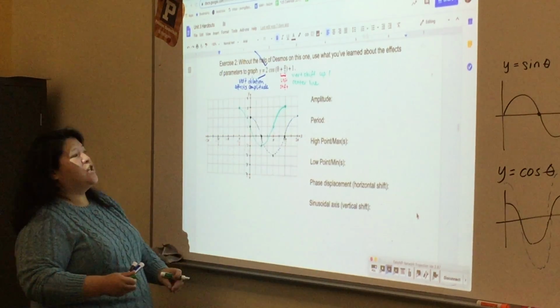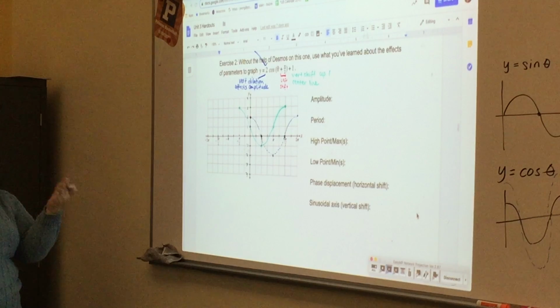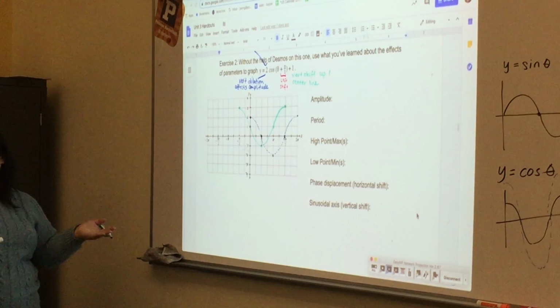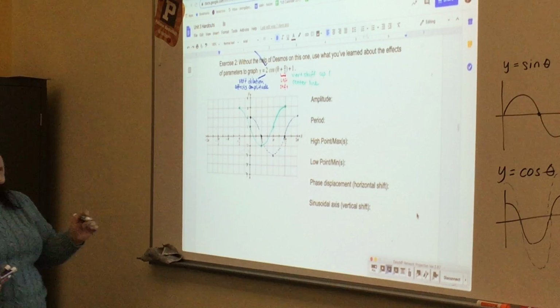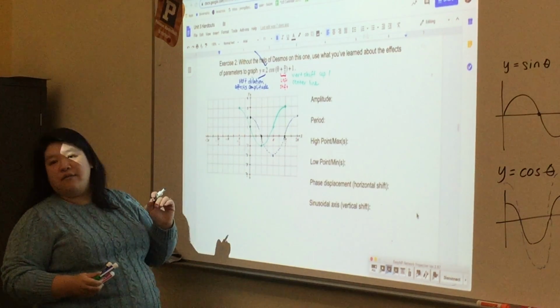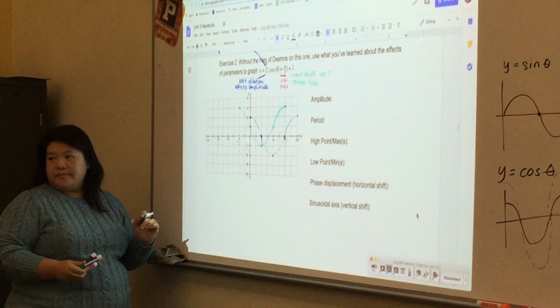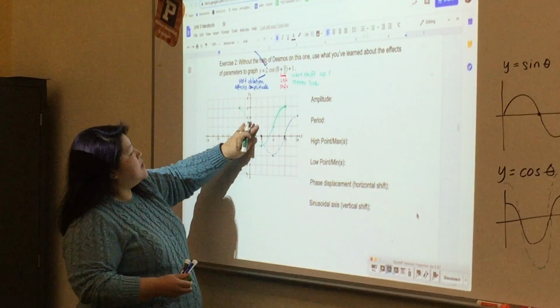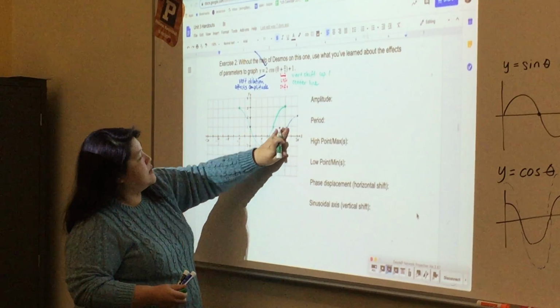So I erased my original, so you only see the stretched version and now the shifted version. So the green is the final, because I took the stretched version and I went left 2, up 1 on every point.